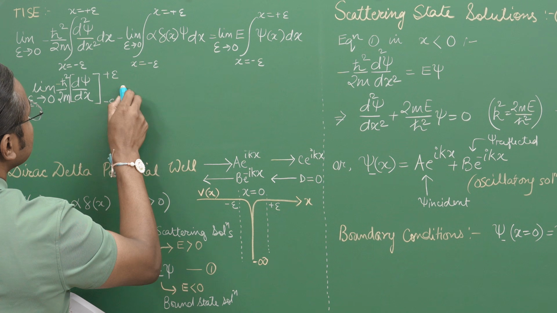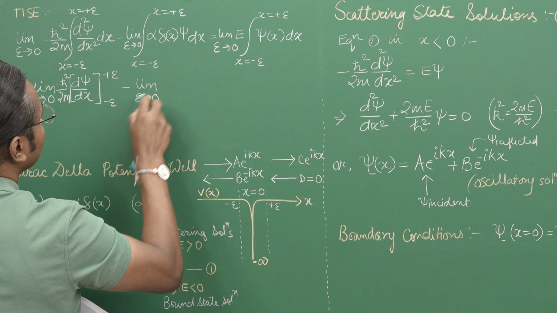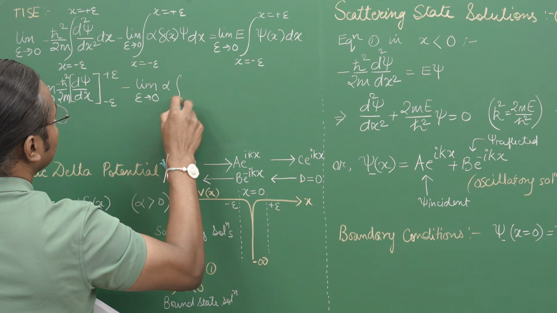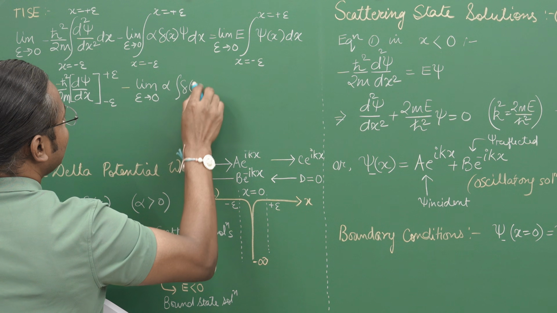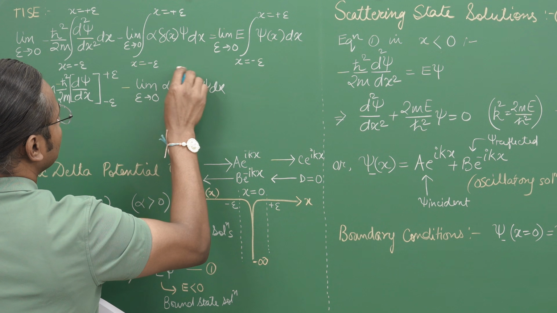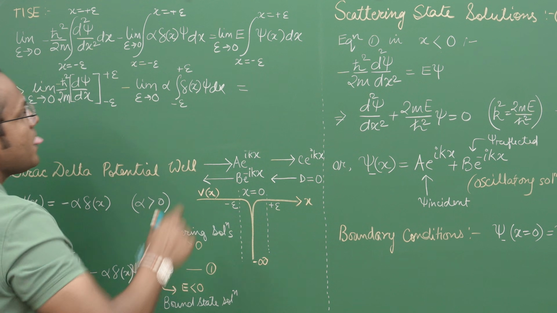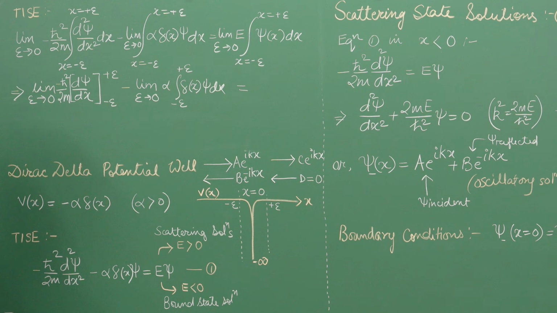If you notice this expression, this is nothing but limit epsilon tends to 0 and alpha can be taken out. You have del x psi dx from minus epsilon to plus epsilon. And of course, what is this here? This is an integration of the wave function between minus infinity to plus infinity where epsilon tends to 0.